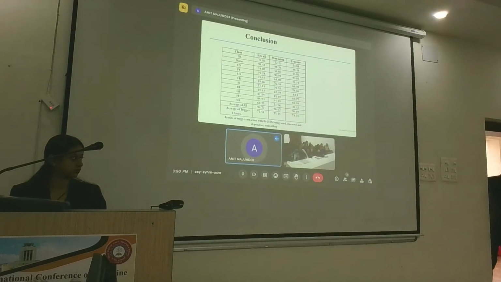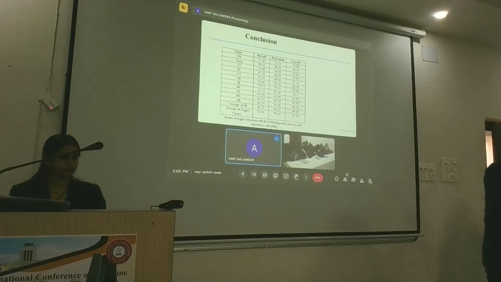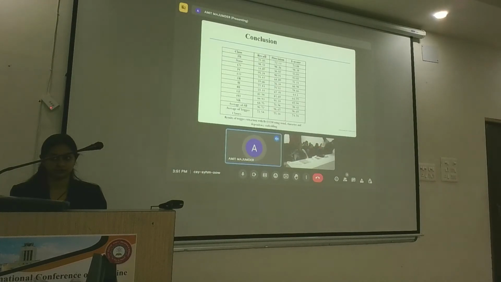It is 73.08 when you consider word embedding, character embedding, and dependency embedding. So overall it is increasing, and if we talk about the individual event types, in most of the cases the result has increased.